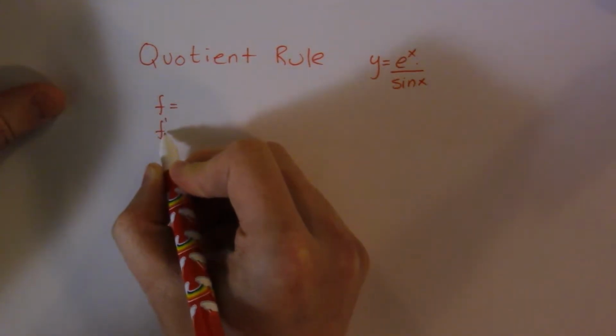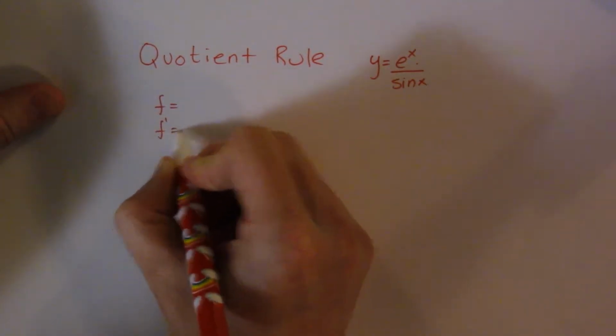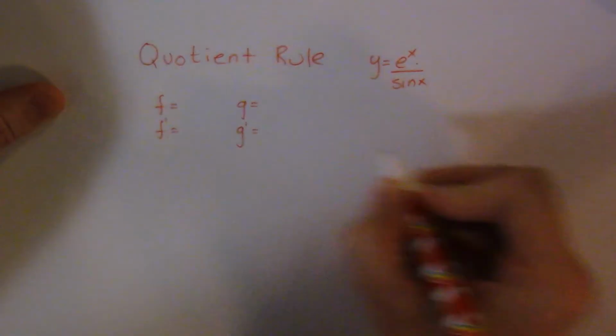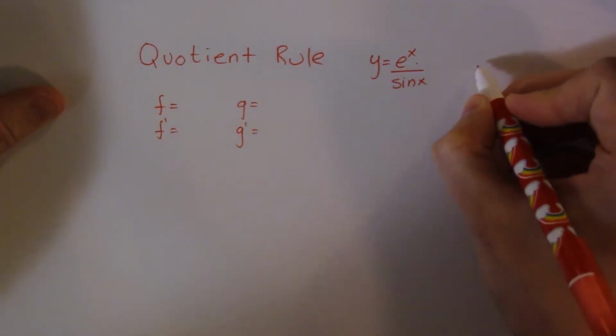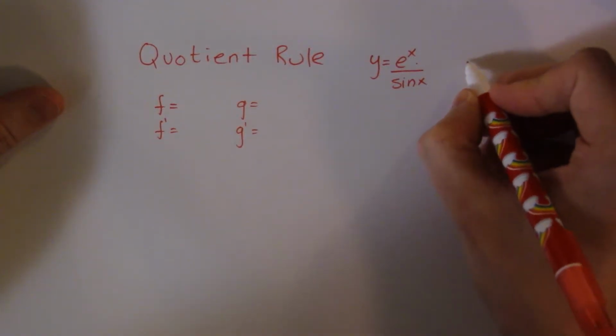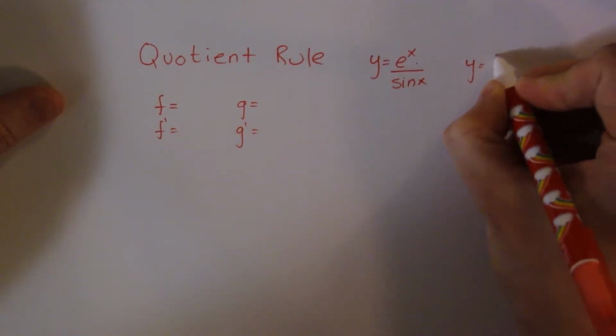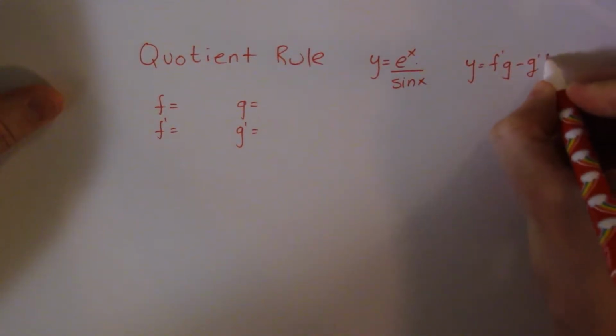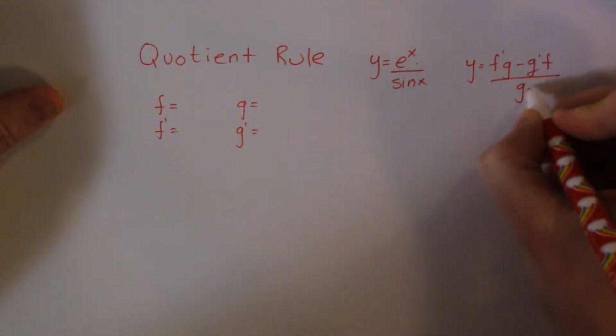So f prime, f prime, and then g prime. Because if you remember what the quotient rule is, and I should write that out again, it's simply f prime times g minus g prime times f all over g squared.